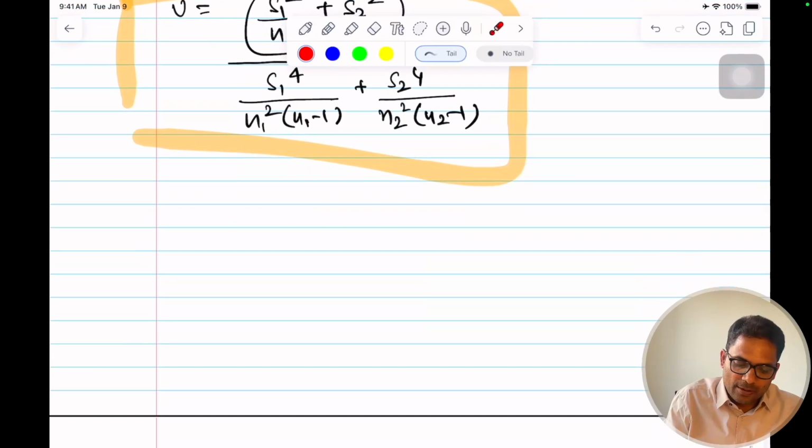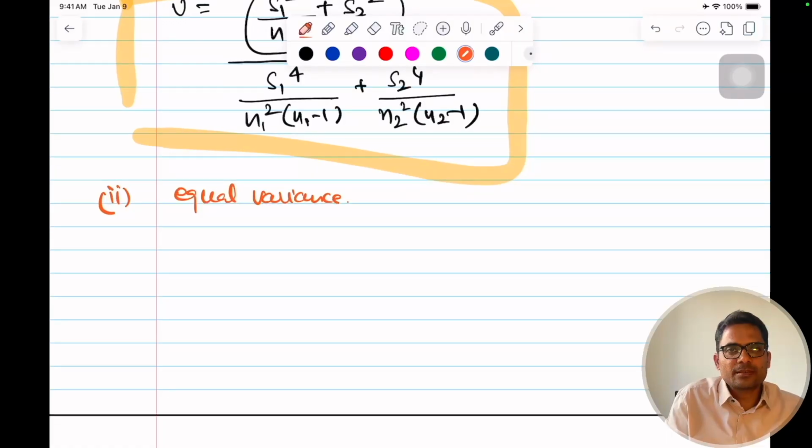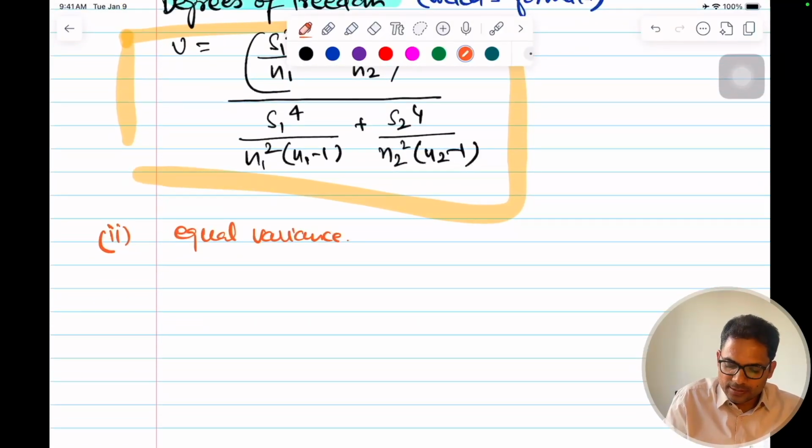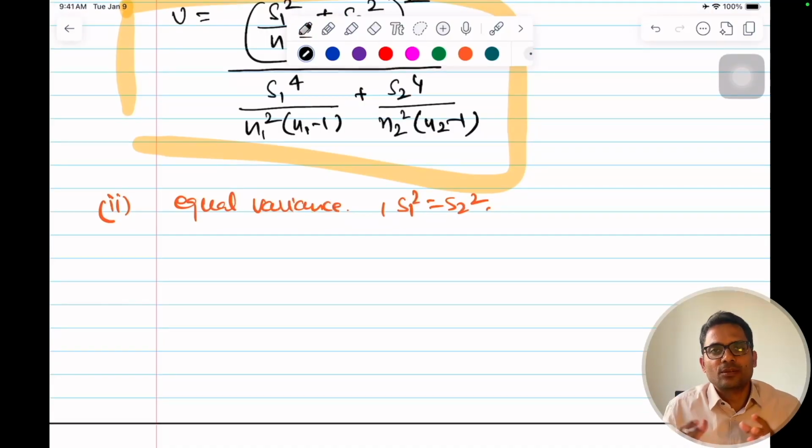And the second case would be equal variance. Both the samples' variance is equal, that is S1 square is equal to S2 square. In this case, we have a pooled variance, because both are the same.